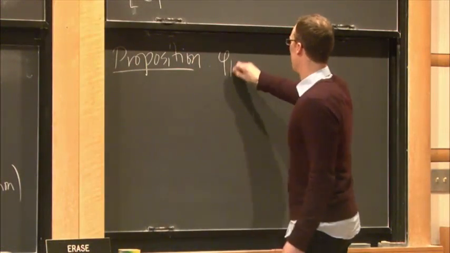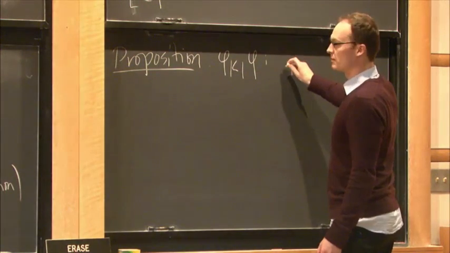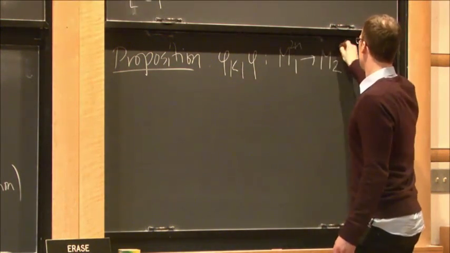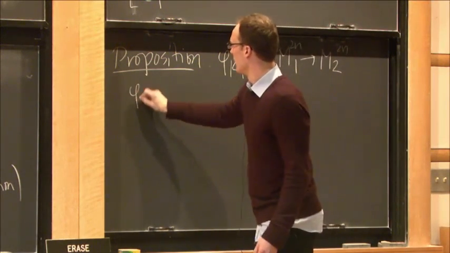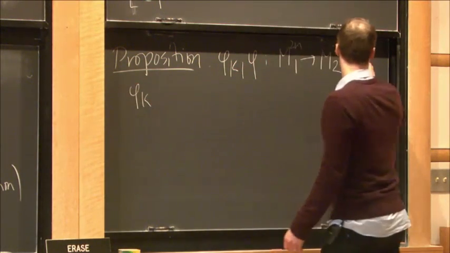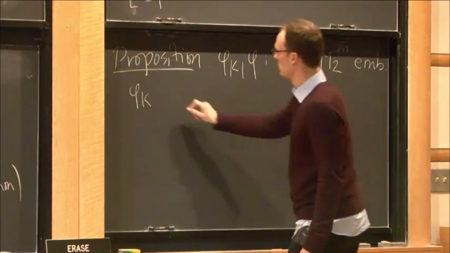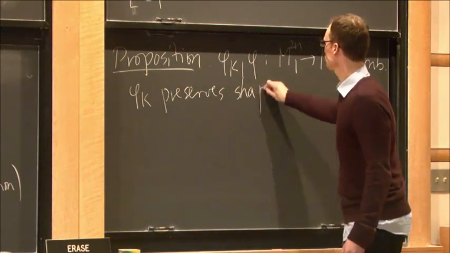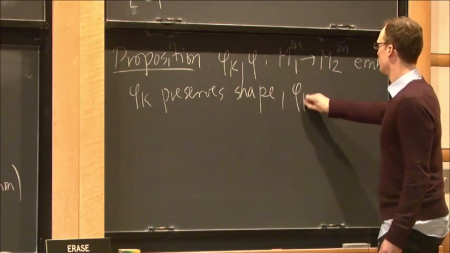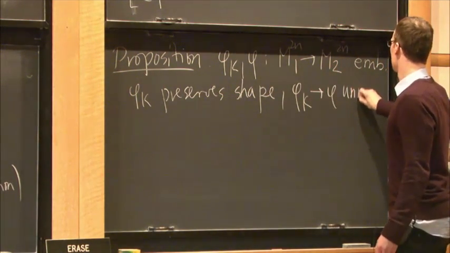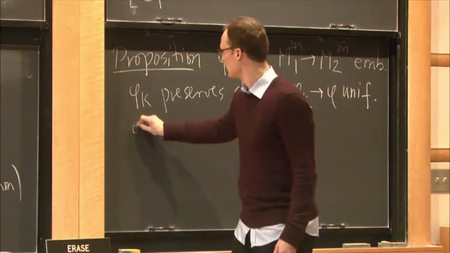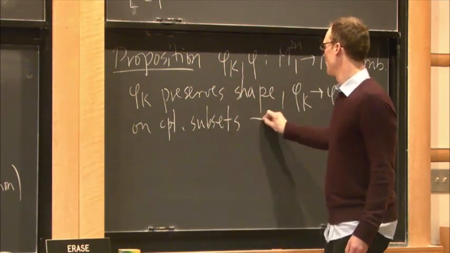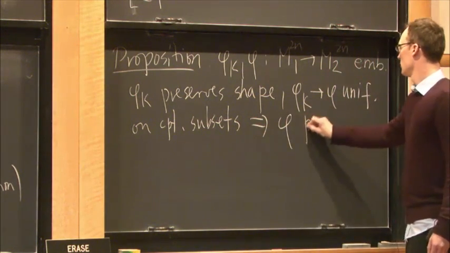If you have phi k and phi, which are embeddings from M1 to M2, same dimension again, and phi k preserves shape, and phi k goes to phi uniformly on compact subsets, then phi preserves shape.